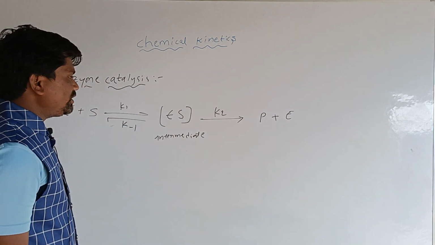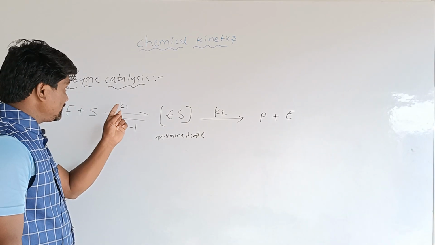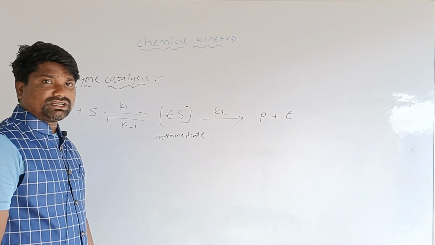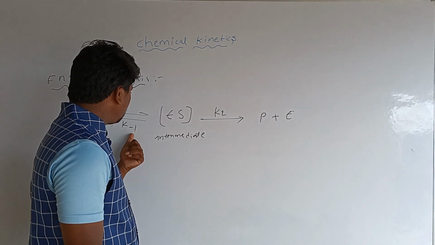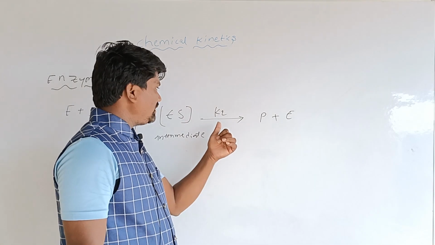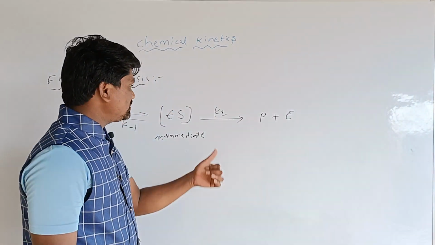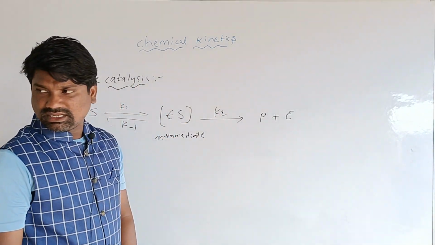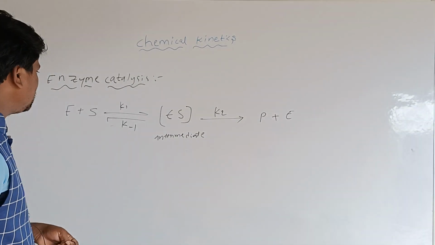The rate of formation of intermediate is K1 into ES, and the decomposition of intermediate is K inverse into ES. The formation of product from decomposition of intermediate is K2 into ES. This is the two-step mechanism.